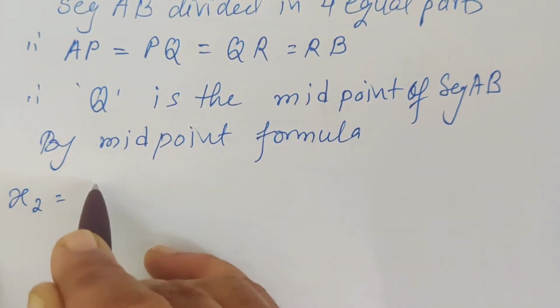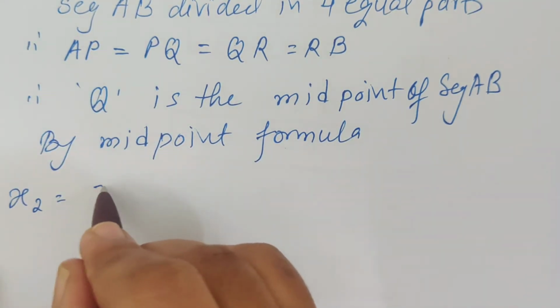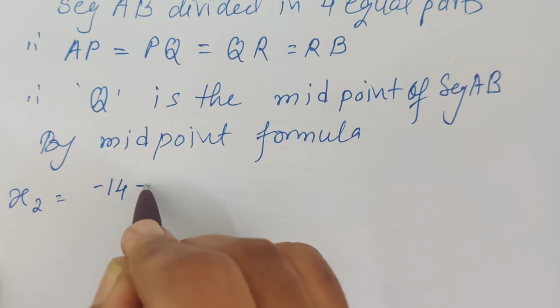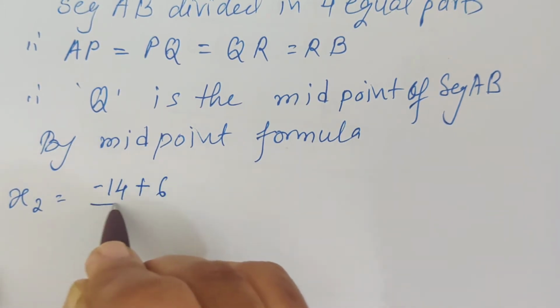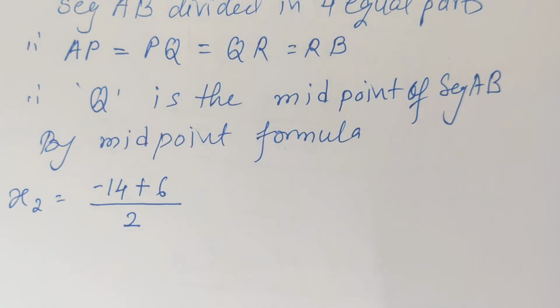x2 is equal to minus 14 plus 6 divided by 2. The midpoint formula is x1 plus x2 divided by 2. So here x1 means A's coordinate, x2 means B's coordinate, divided by 2.